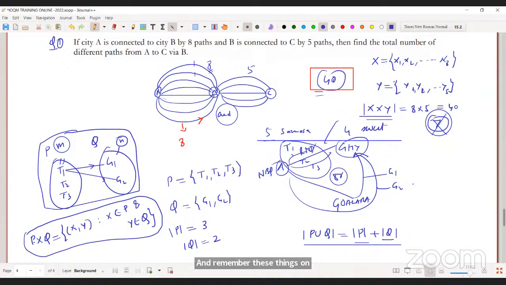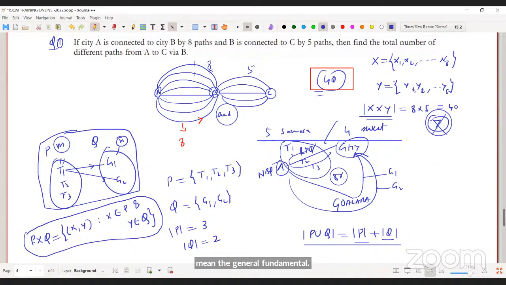X1 and Y1, X1 and Y2, X1 and Y5. But here the logic is T1, T2, T3, 3 ways, or that means 3 plus 2. So in the multidimensional concept, you should develop so that you can understand the counting principle in the set theoretical approach, as well as the general fundamental logic.